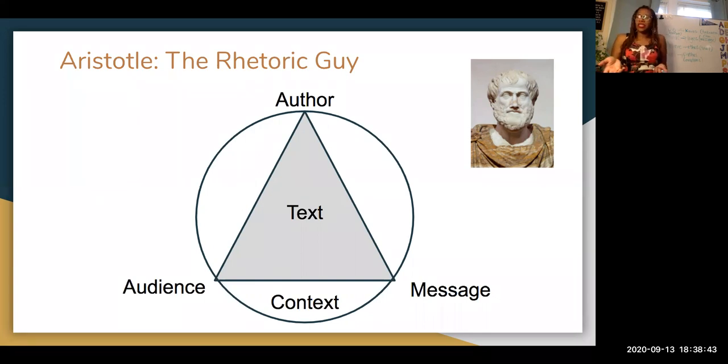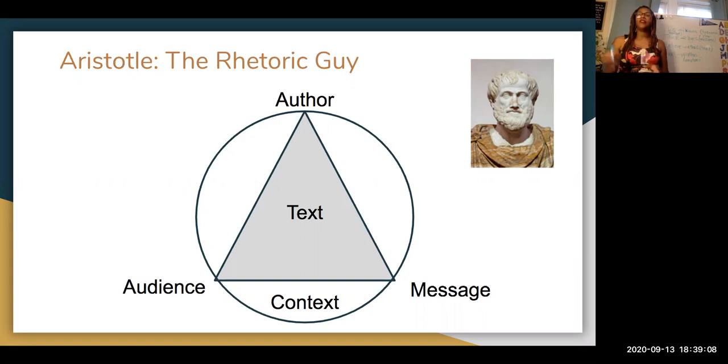When you don't know your audience well, sometimes things get jumbled up. Have you ever tried to talk to someone that you had a crush on and you're like, oh, I don't know how to talk to them? And sometimes you might mess up, right? Knowing your audience really helps you have a sense of confidence about what it is that you're conveying. The better that you know your audience, the better your argument will come across, right?